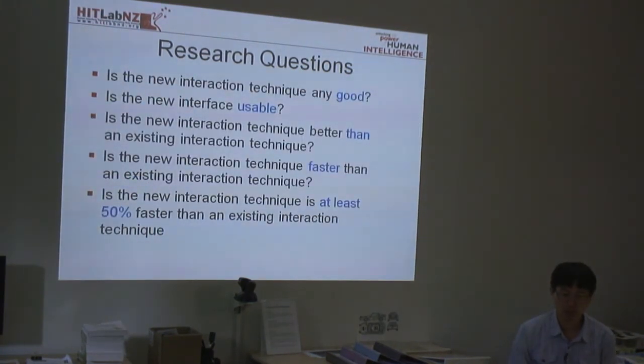You can define the research question at different levels, but it's better to be more specific. So you can start with the question of whether the new interaction technique is any good, but you can replace "good" with "usable," which could be divided into different components, such as how easy it is to learn, how easy it is to use, or how fast you can use it, and so forth.